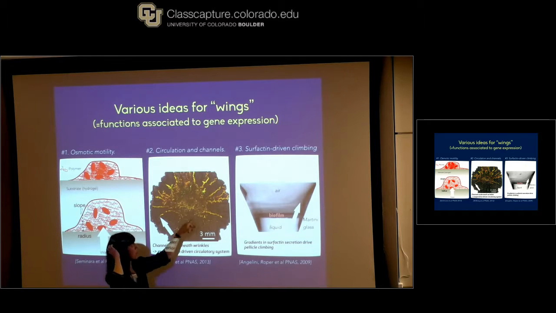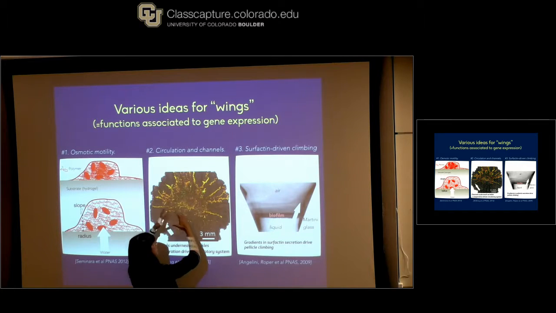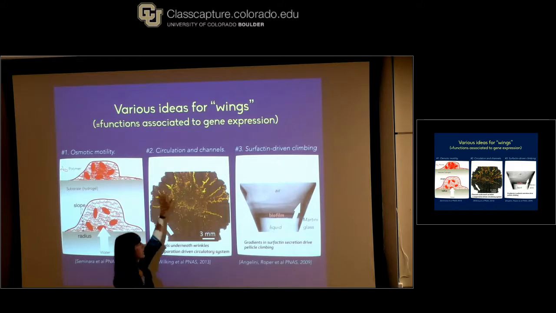Because below these wrinkles, there are channels. And these channels allow nutrient to flow through the biofilm. And this really reminds us about what Eleni told us yesterday. It's becoming large enough that diffusion is not enough. That nutrient coming from the sides, from below, is just not enough.